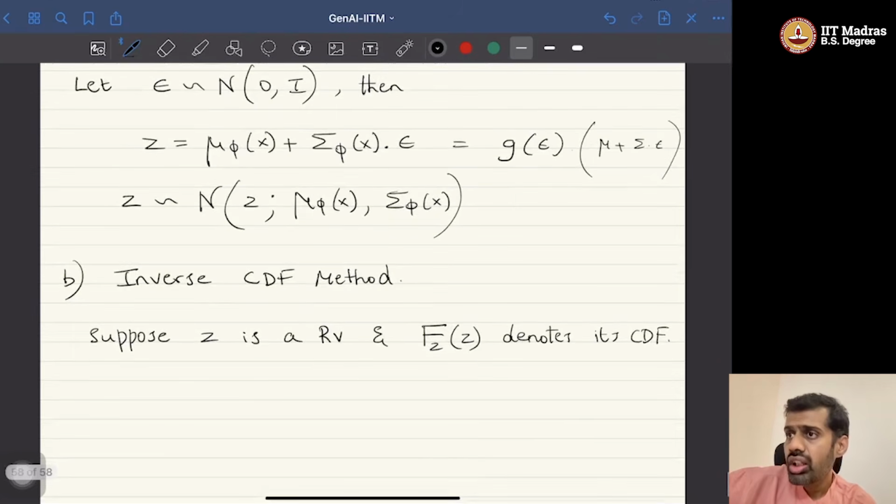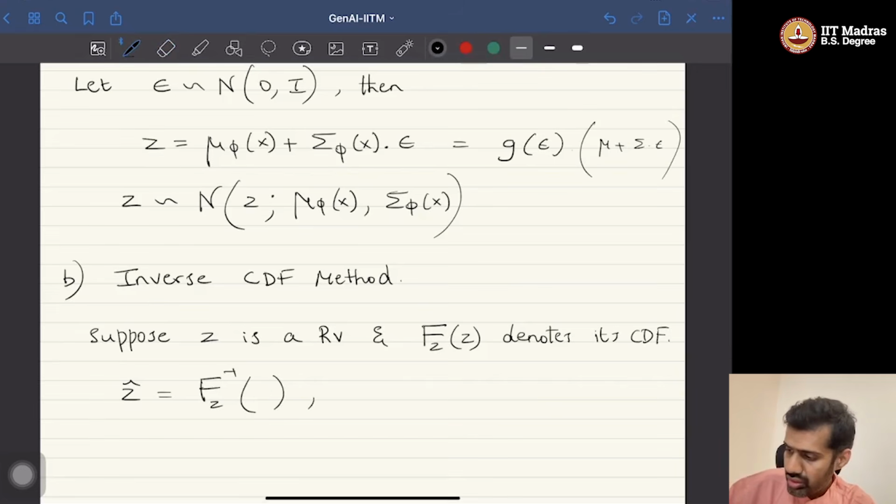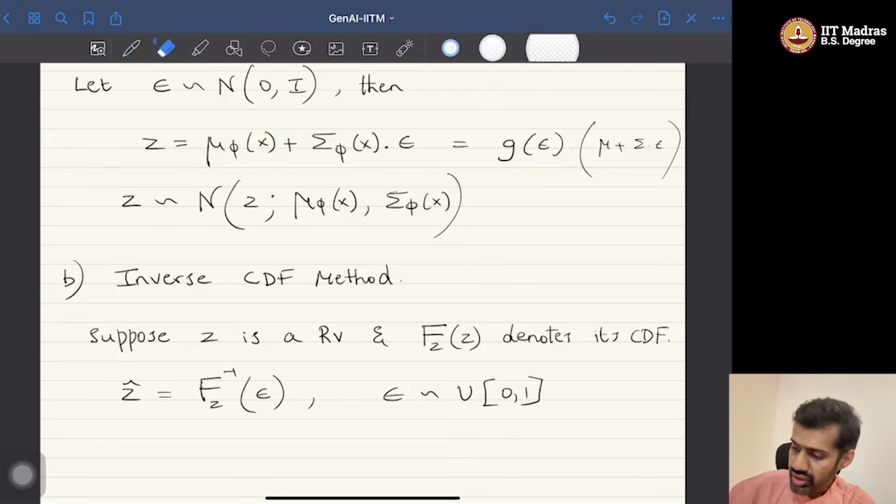Okay, then if you define Z cap as the inverse of the CDF, where, okay, let's call this epsilon, where the epsilon is sampled from a uniform distribution between 0 and 1. Just write it as Z itself.